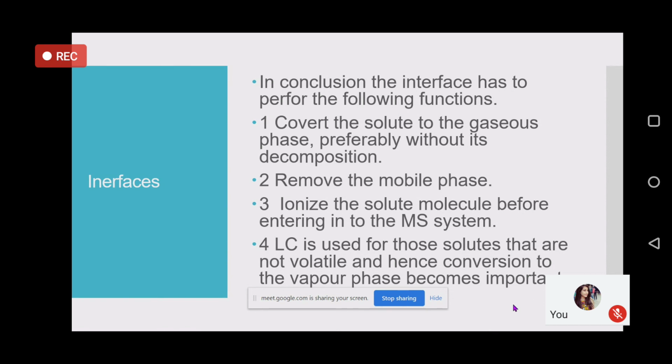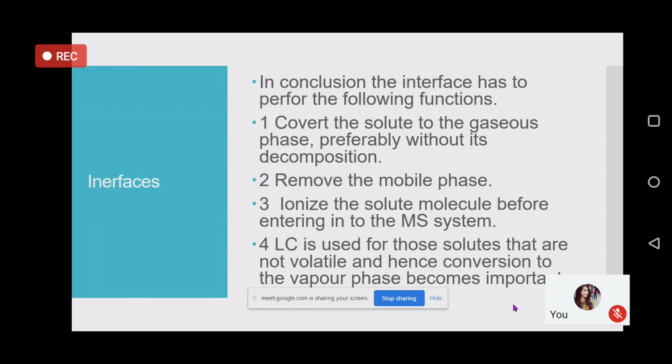Basically, you use an LC-MS system where the separation may be brought about, but it may not be possible for characterization or for quantitative determination. In that case, you need an additional technique like MS to do that particular job.